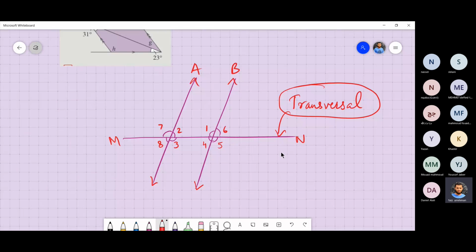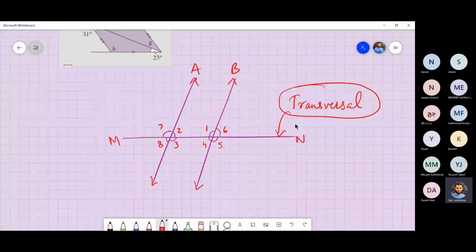Now what will be the corresponding angle of 7? 3? How 3? 5, sir. Who can tell me the corresponding of 7? 1. Yes, exactly. What is the vertically opposite angle of 6? 4. What is the alternate of 3? 5?